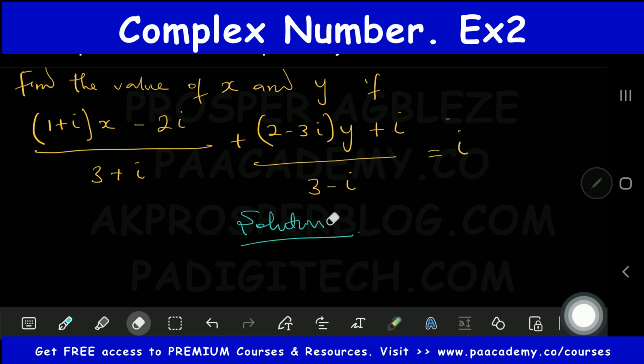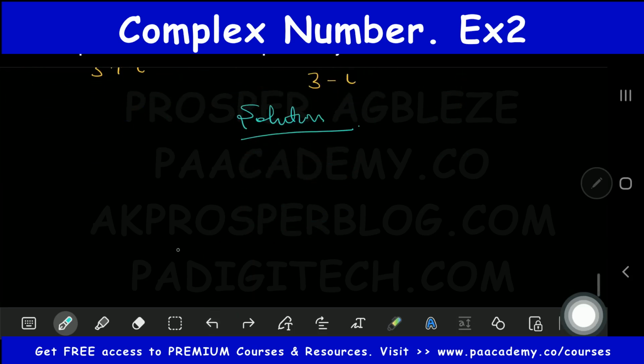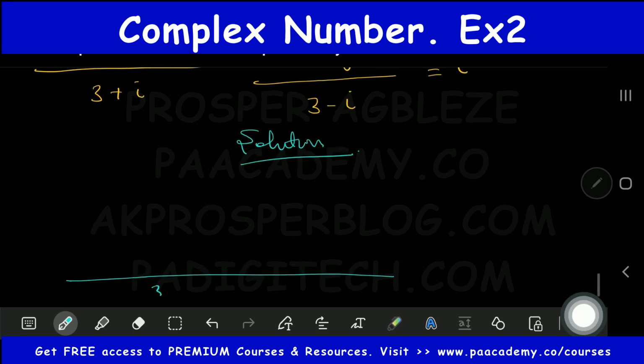Now in solving this, first of all, let's look for the LCM, because we have a value here, we have another value here. So in doing that, we are going to be having something that looks like this. Then on this side, we're going to be having 3 plus i, and then here we are going to be having 3 minus i.